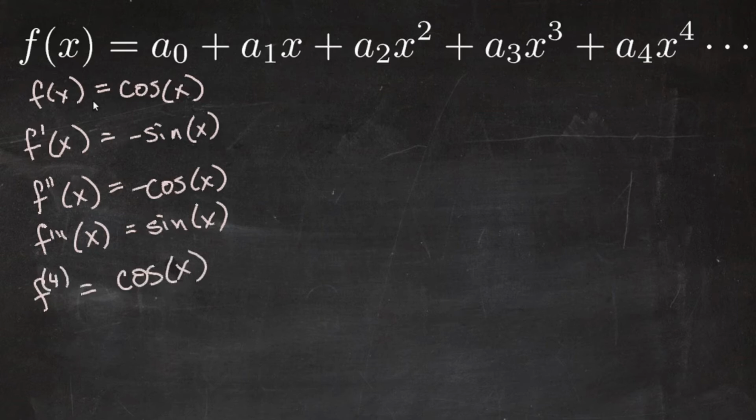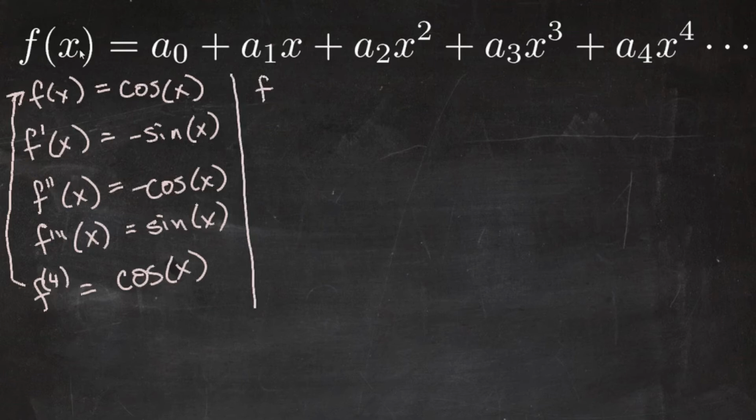Now, what this means, since I got back to the function itself, is every time I take 4 derivatives of this function, I'm going to get back to the function itself. So let's use those to evaluate this function at 0. So f of 0, cosine of 0, is 1. F prime of 0, negative sine of 0, is 0.